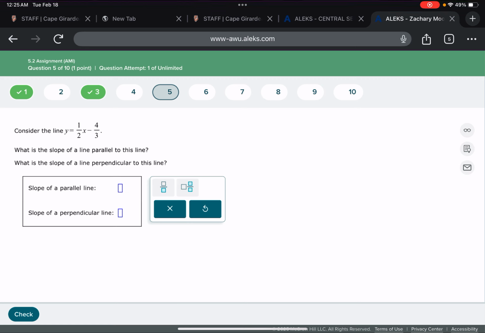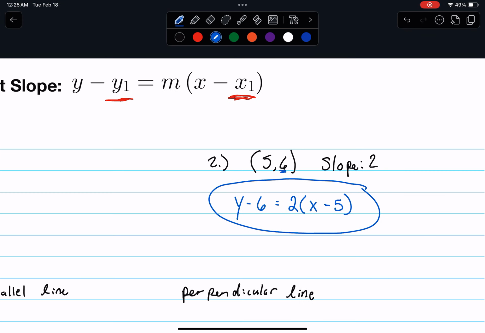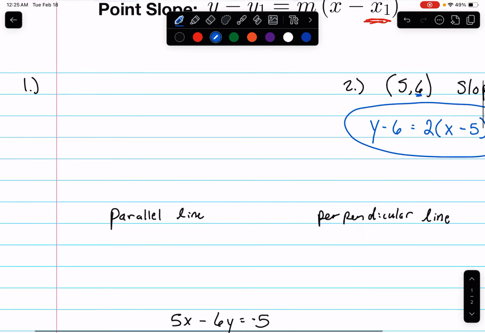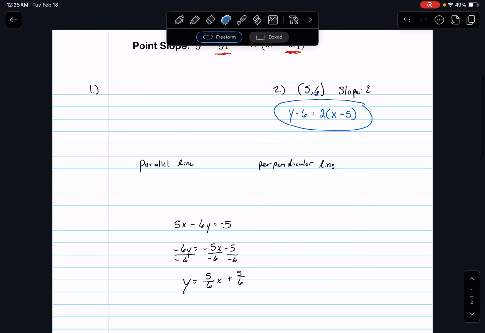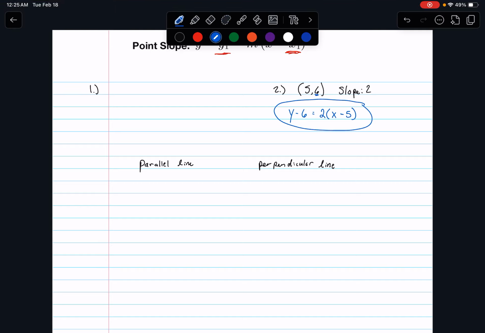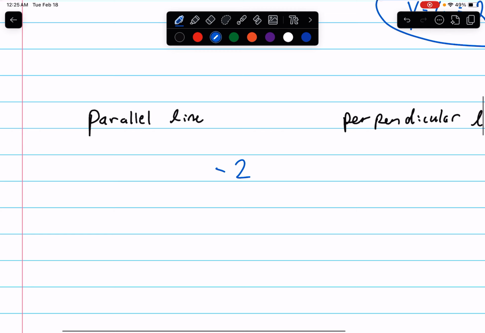Looking at number 5, now we're going to start talking about what the slope would be if you're looking at a parallel versus a perpendicular line. So remember those videos that I had y'all watch when I was out last week? Let's say you have a slope, let's say that slope is -2.